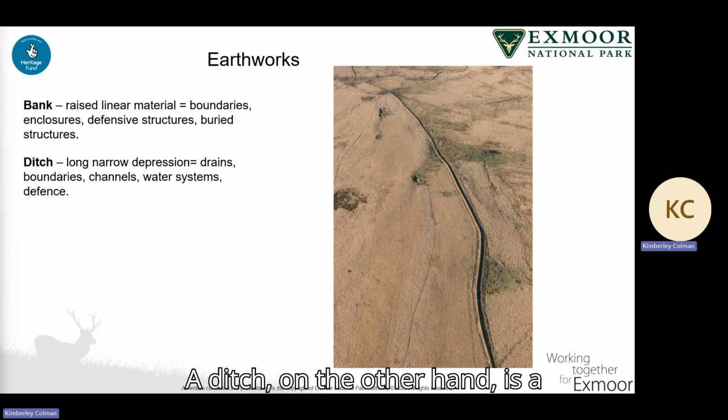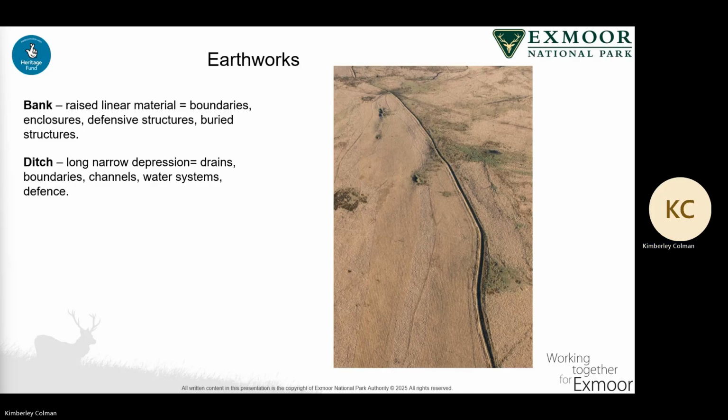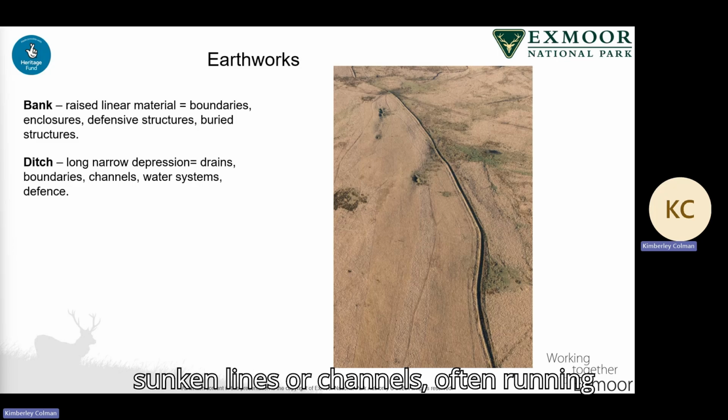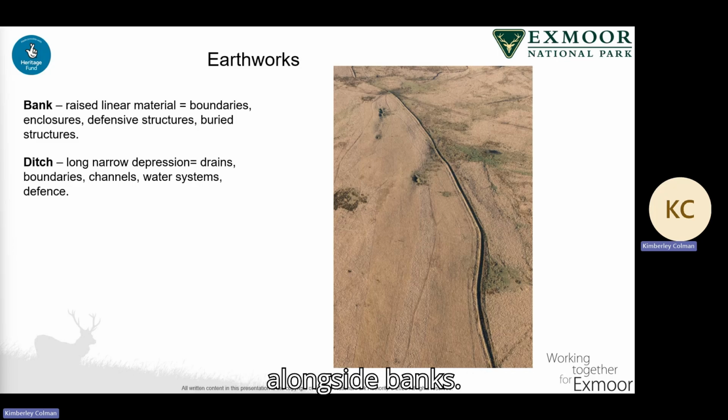A ditch, on the other hand, is a long, narrow depression cut into the ground. Ditches might have been used for drainage, as part of a boundary, or for defense. In LiDAR visualizations, they show up as sunken lines or channels, often running alongside banks.